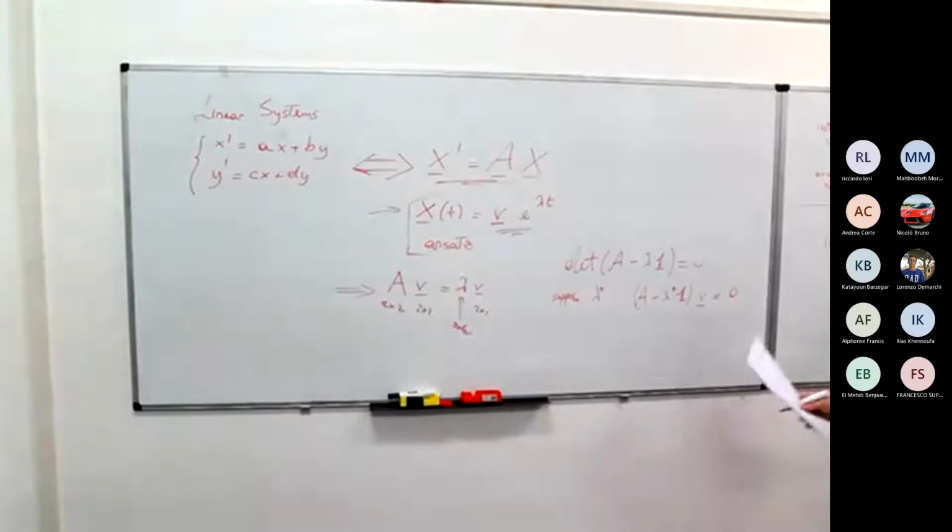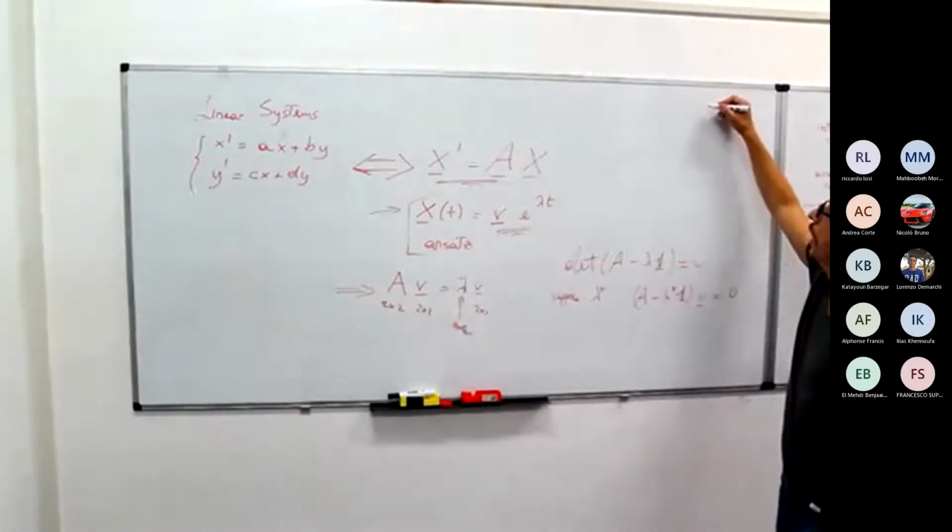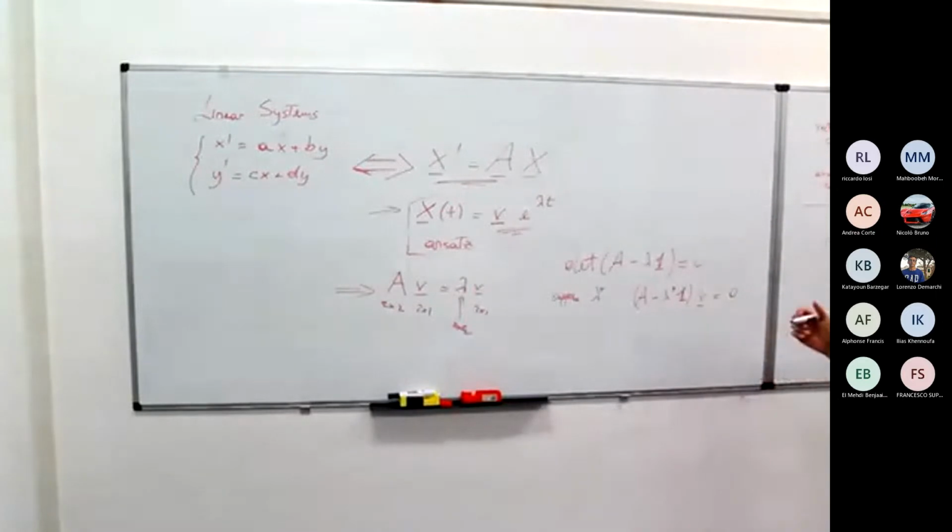So, we have said that in 2 dimensions there can be at most two distinct eigenvalues.